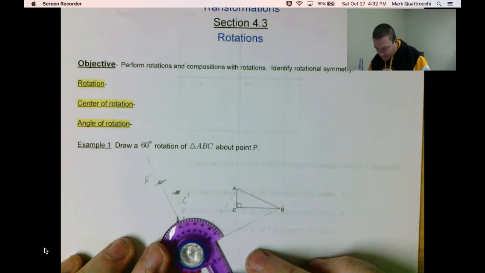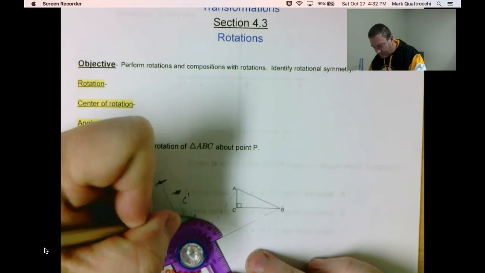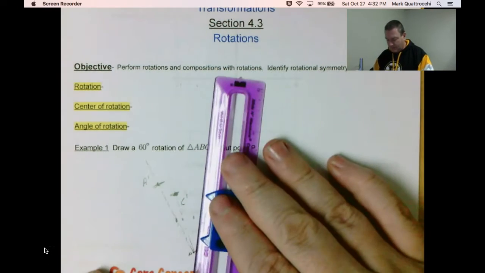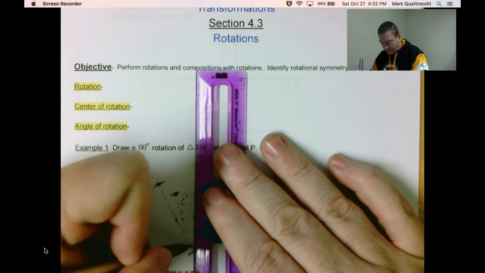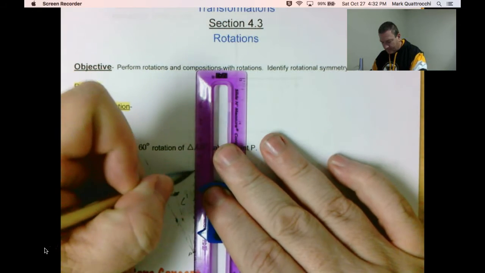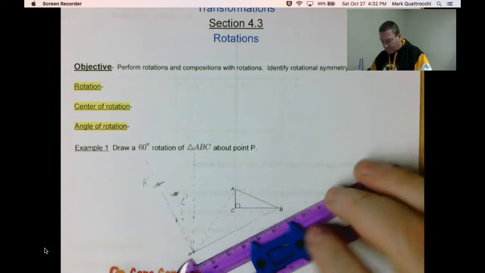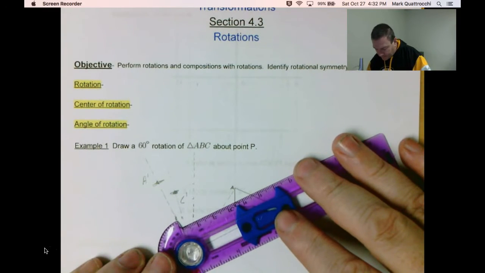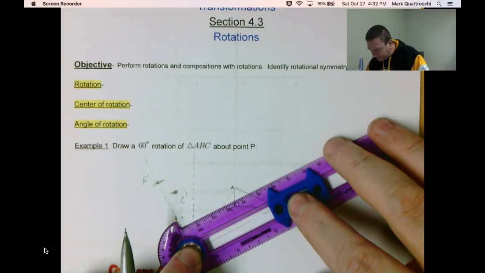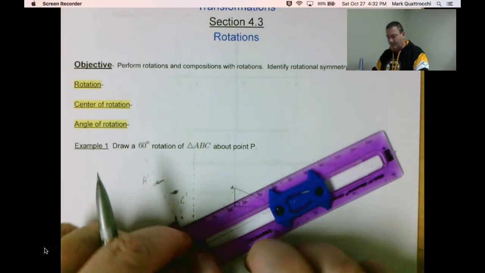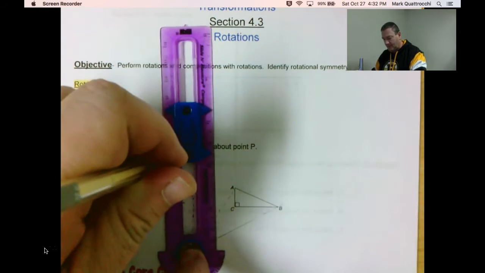Connect P to B. Set my protractor up. Mark 60 degrees. Draw my ray. Set my radius to the length of B. And draw my arc.